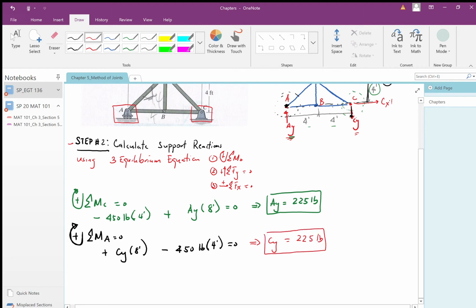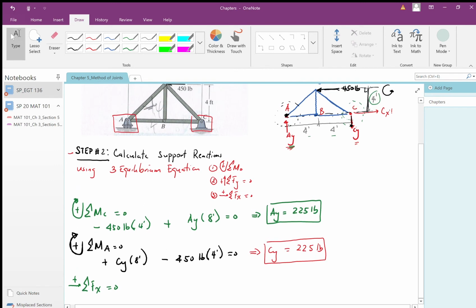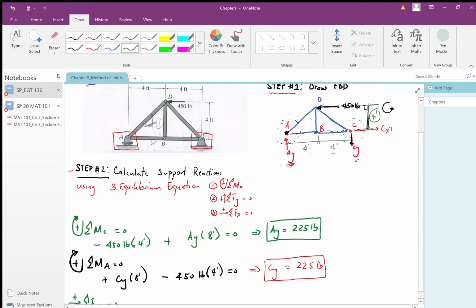So I'm going to use another equilibrium equation: the sum of the forces in the x direction equals 0, taking left to right to be positive. When I look at my free body diagram here, let me just clean some of this up so we can see.